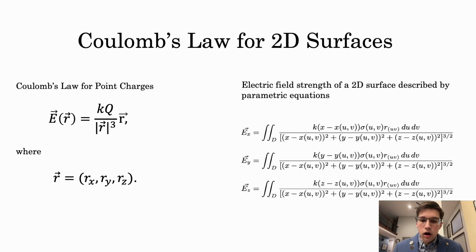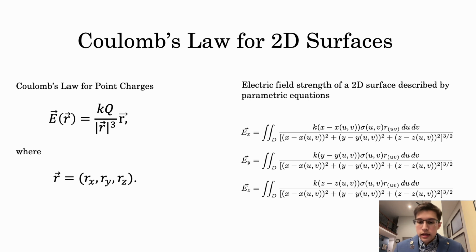Here we have Coulomb's law for 2D surfaces. Over on the left is Coulomb's law for two point charges. So this is the electric field: kq over the magnitude of the position vector r to the power of 3, multiplied by the position vector r.